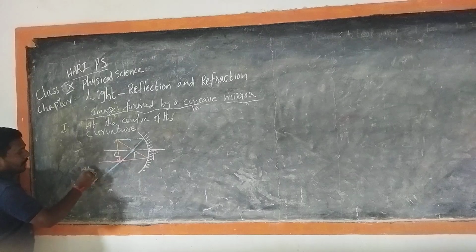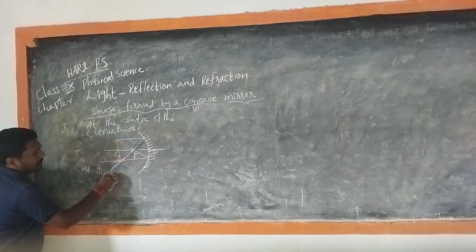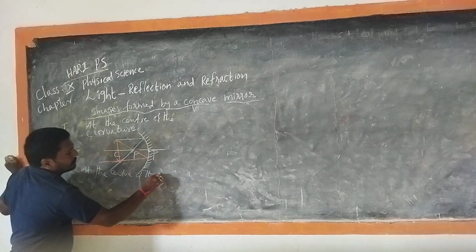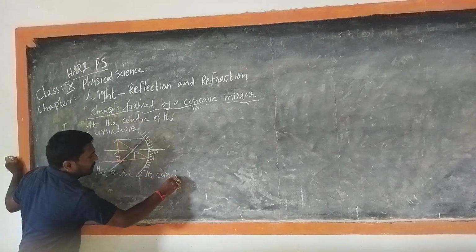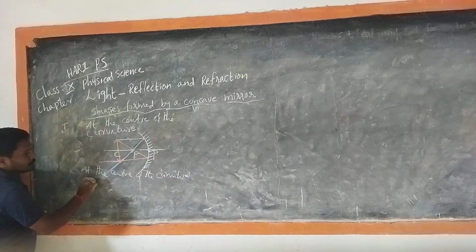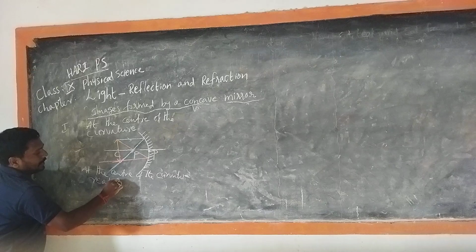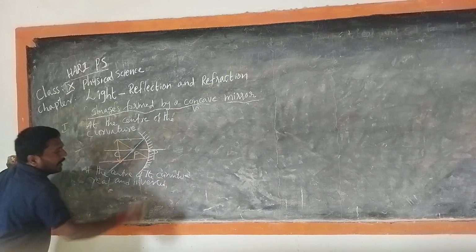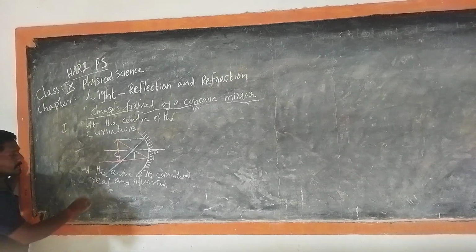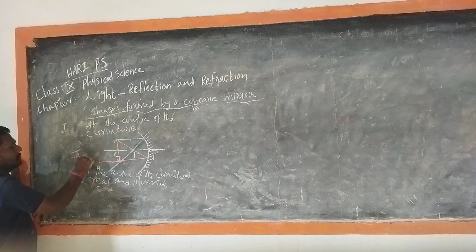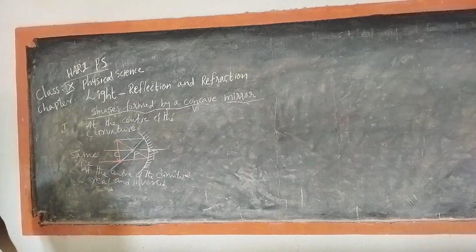Image formed at the center of curvature. So real and inverted image, same size as the object.